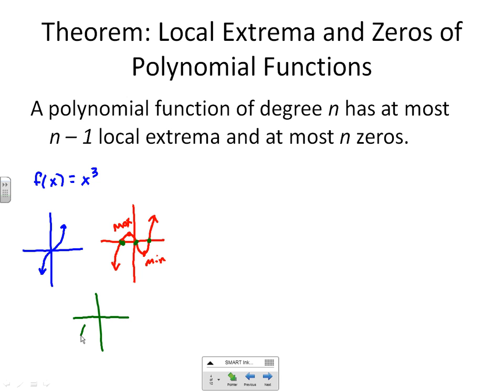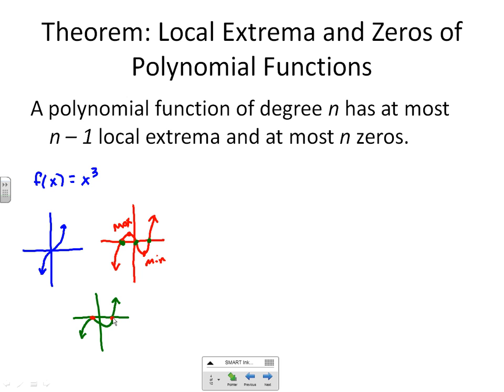Okay. The other kind of situation that we could have is we could have a graph where it ends up touching the x-axis and coming back down and then going back up. Okay, so this still has a max and a min, but only has 2 zeros because it just touches here and doesn't go through, and then there's my other 0.